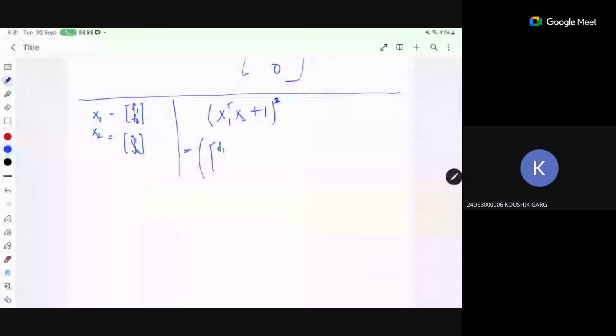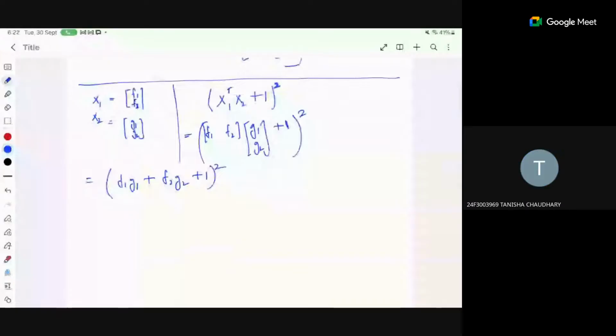X1 is f1, f2, but we are taking its transpose. What is x2? This is g1, g2. Plus you're adding 1 to this. Now if you multiply this, you get f1 g1 plus f2 g2 plus 1, square, right? This is okay?